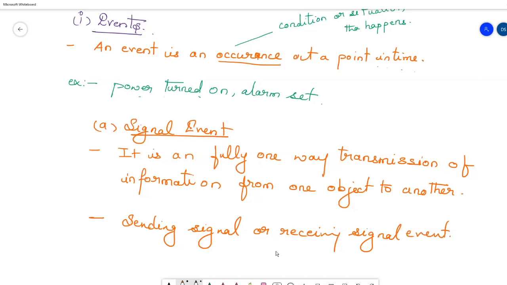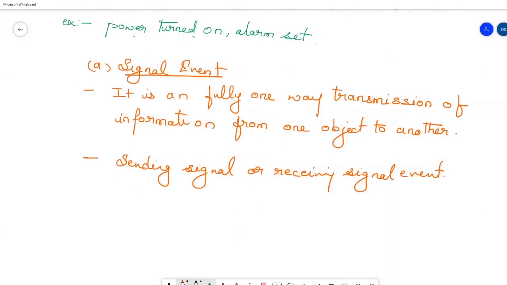Now, what is the difference between signal and signal event?